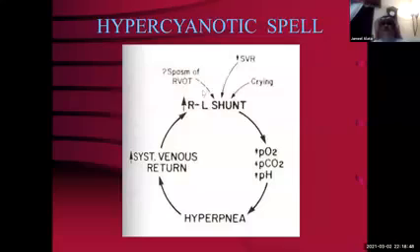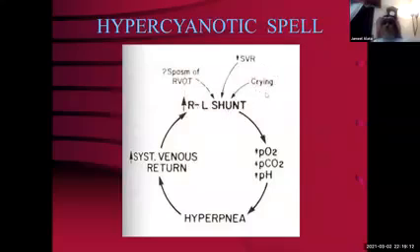And this is what happens. Any cause of increased heart rate, pain, crying, excessive crying, hunger, and so on, will lead to tachycardia. Tachycardia will increase the RVOT obstruction. You have more right to left shunt.